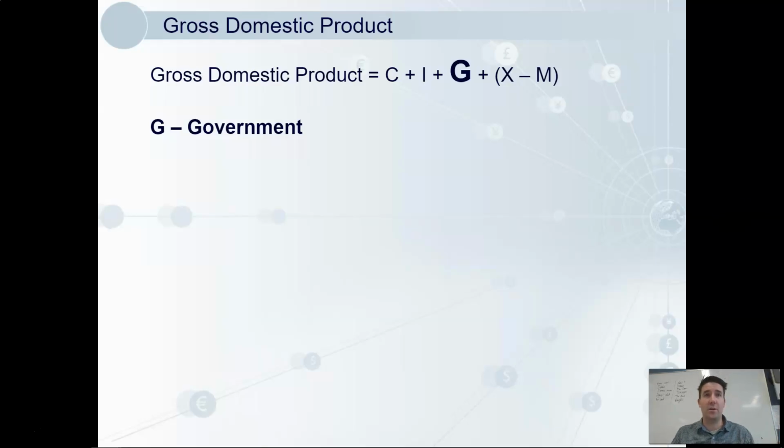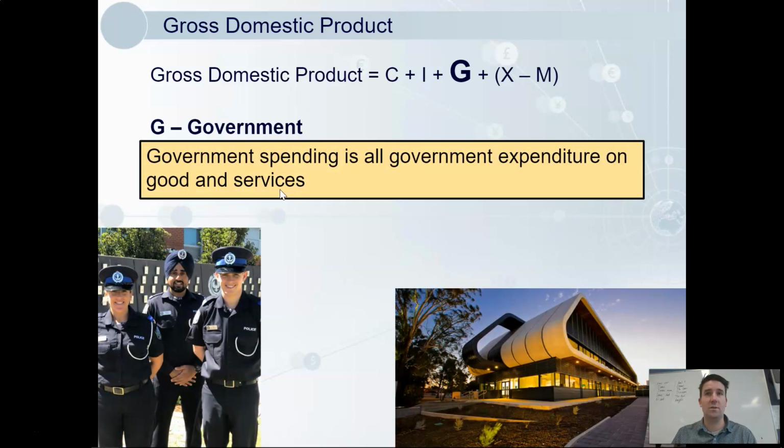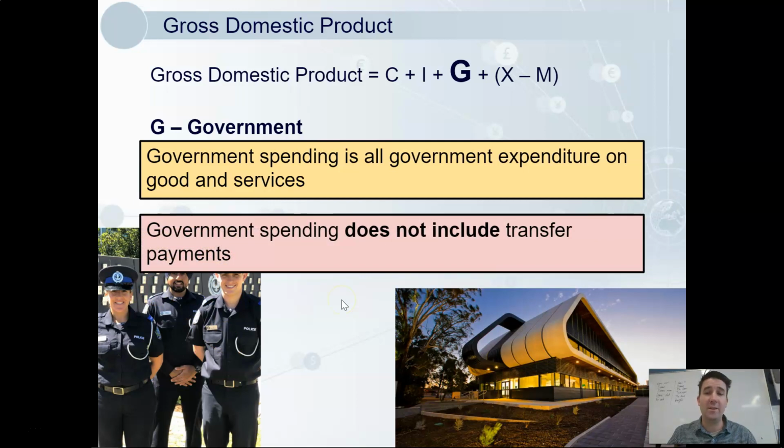The G is for government spending. This is when the government purchases goods and services. For example, schools and the police. That's government spending. Now, I want to note here a common misconception. So a lot of people think that transfer payments are part of government spending.